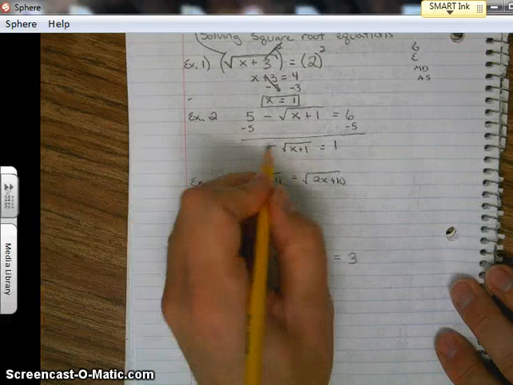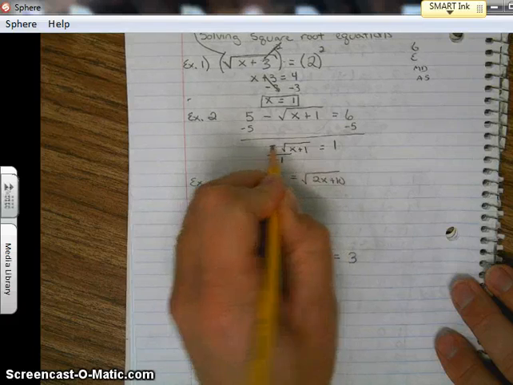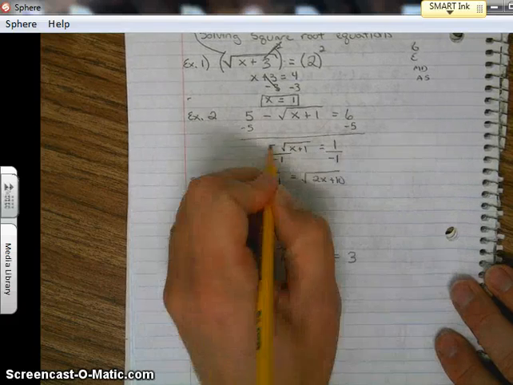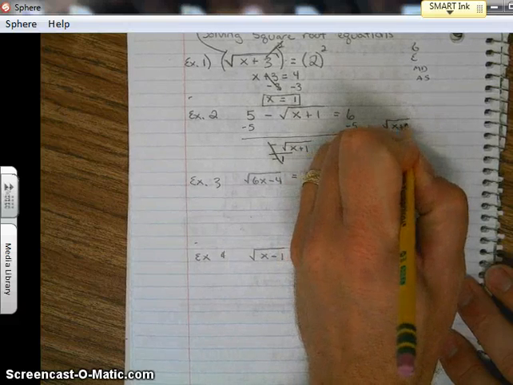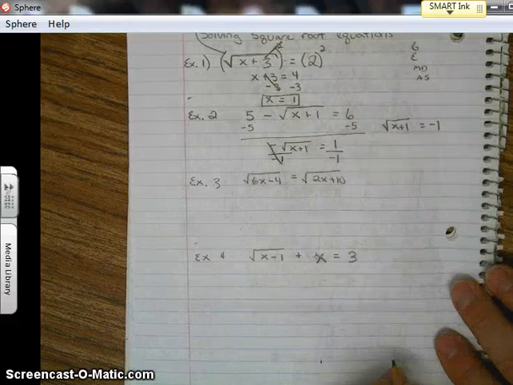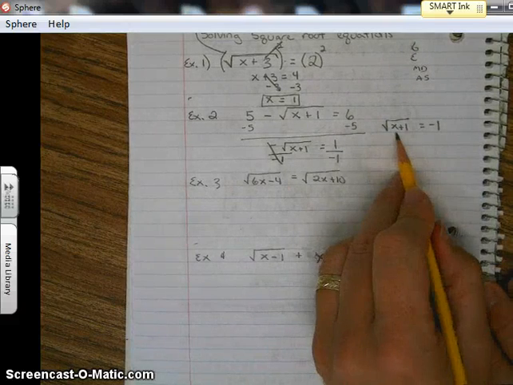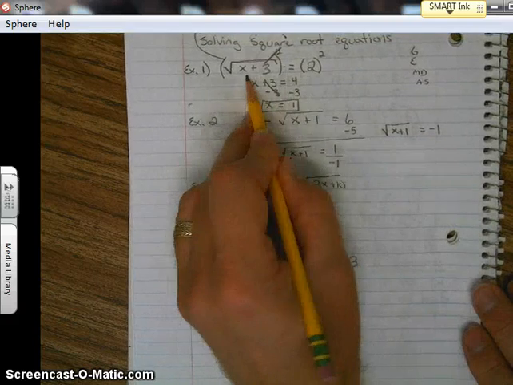Then we get rid of the negative 1 on the front by dividing it, because this is multiplication. So we have the square root of x plus 1 equals negative 1.